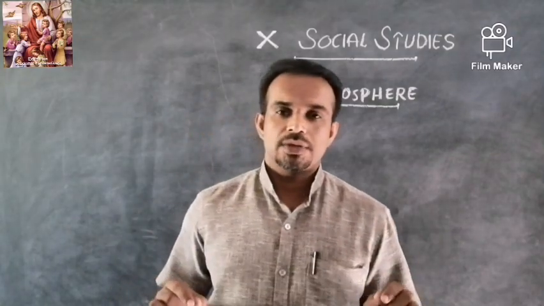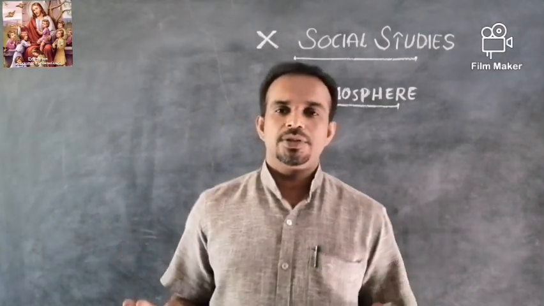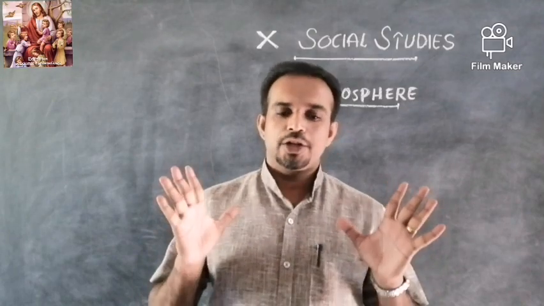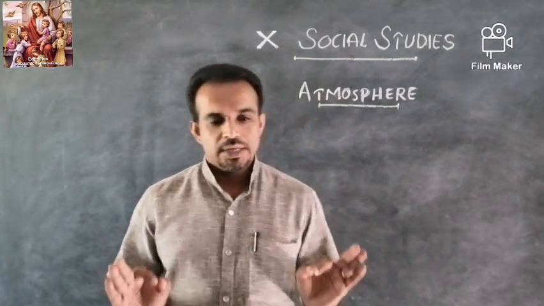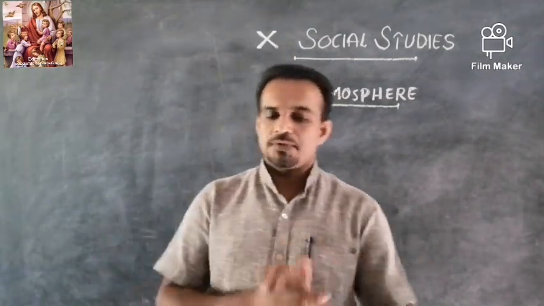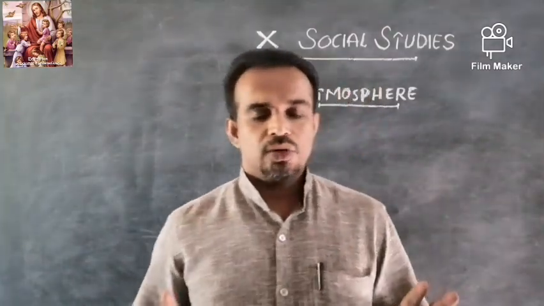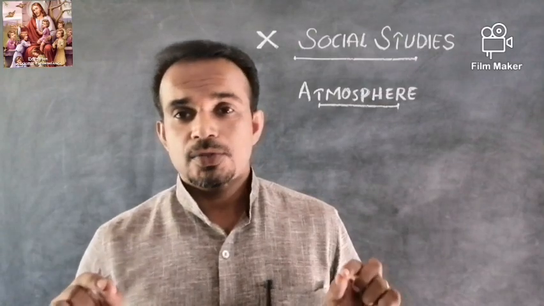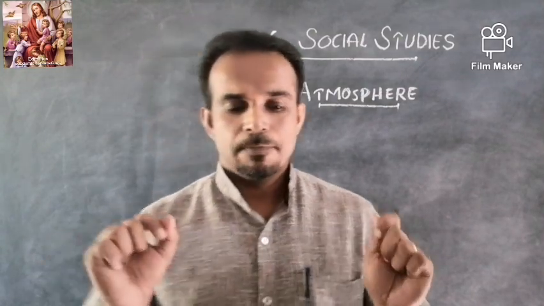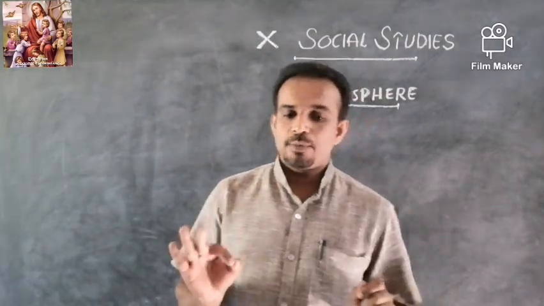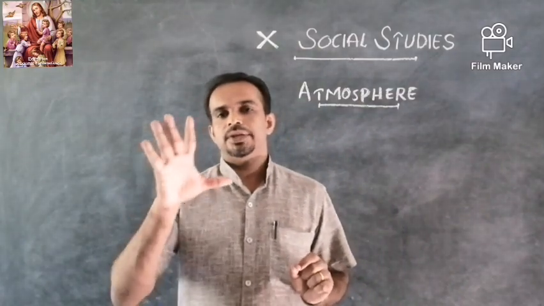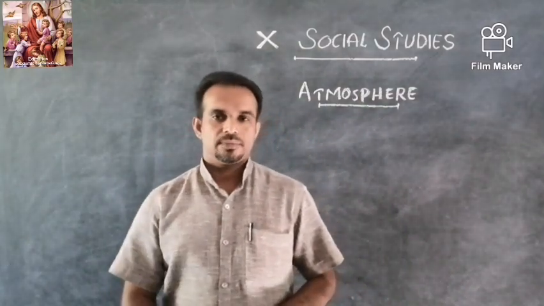Homosphere, which extends up to a height of 90 kilometers, is further divided into three: troposphere, stratosphere, and mesosphere. These three layers altogether are called homosphere, as there is uniformity in the composition of gas in these three layers.